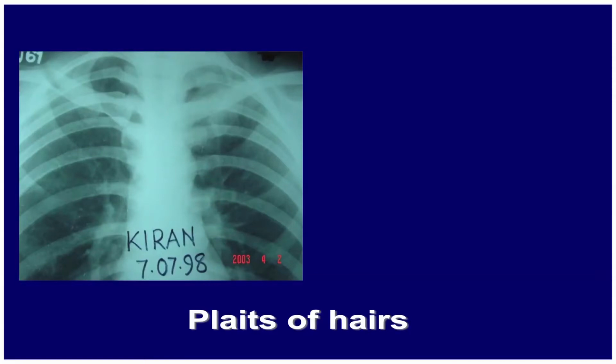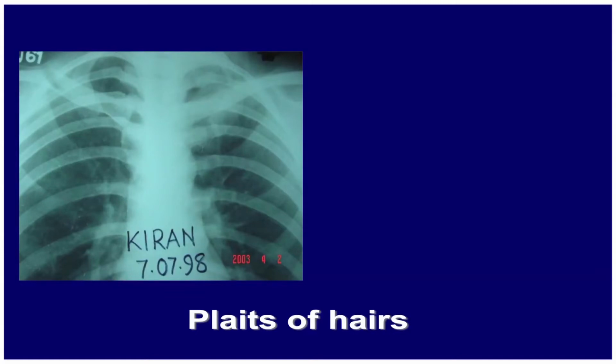What I could find in the chest X-ray was that the origin of this shadow I could trace outside the confines of the chest wall. In my previous lecture, I have told that if the origin of a shadow can be traced outside the chest wall, most probably it is an extrathoracic shadow.